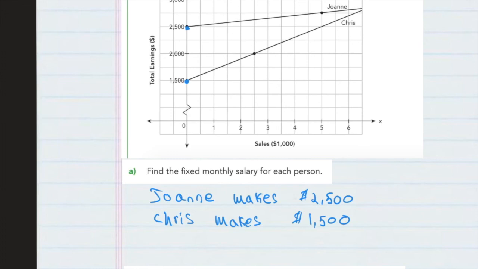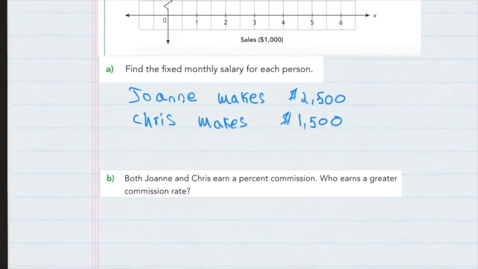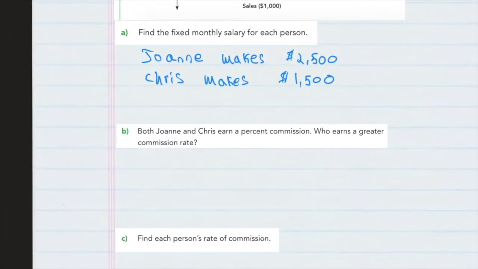You can even see that they actually put in this little squiggly mark to show that it doesn't go all the way down to 0. It starts pretty high up. So we're not going to count in this case. We're going to just use points, and we're going to use points to find their slopes.